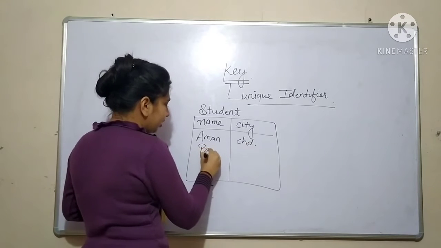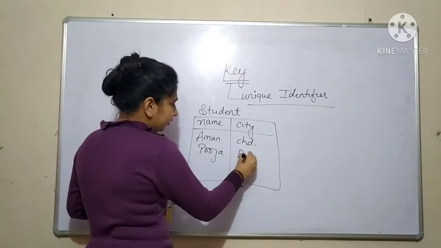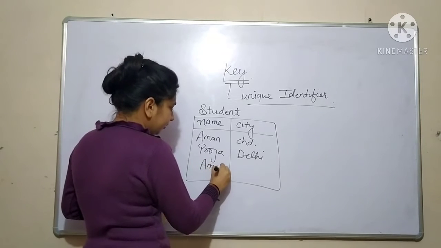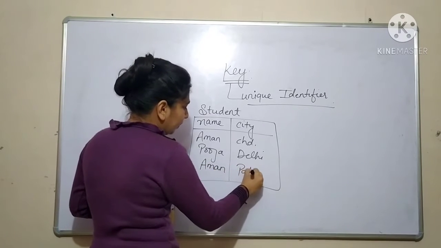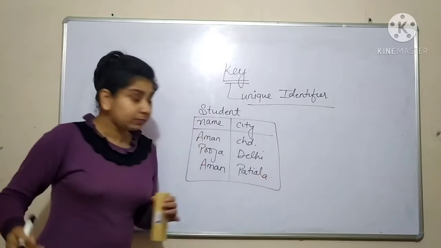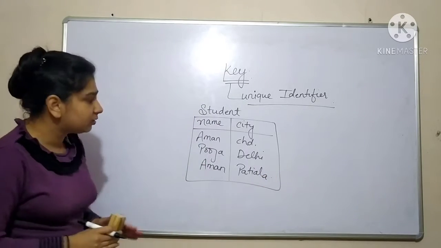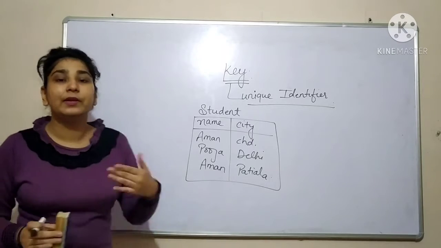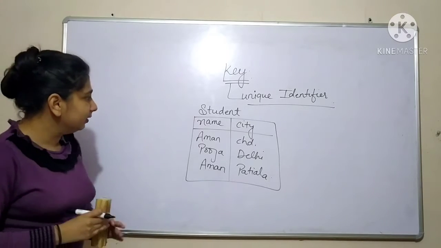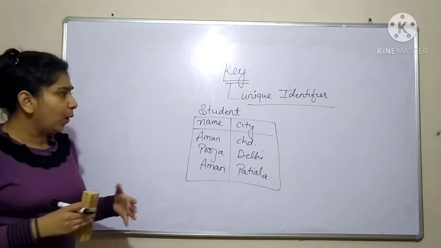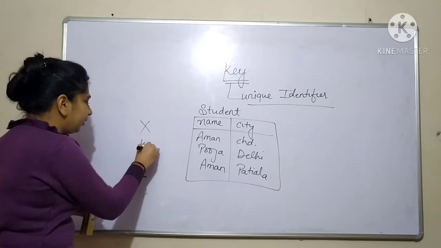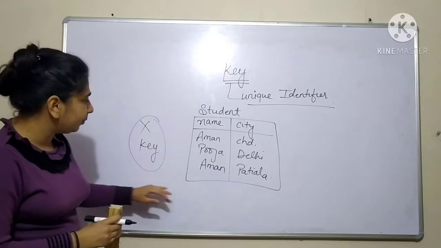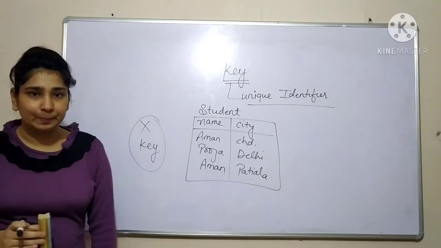Second name is Pooja, Delhi. And third name is Aman, let's suppose Patiala. So we have these three rows, or you can call them records, present in the table. We don't have any key attribute in this table.